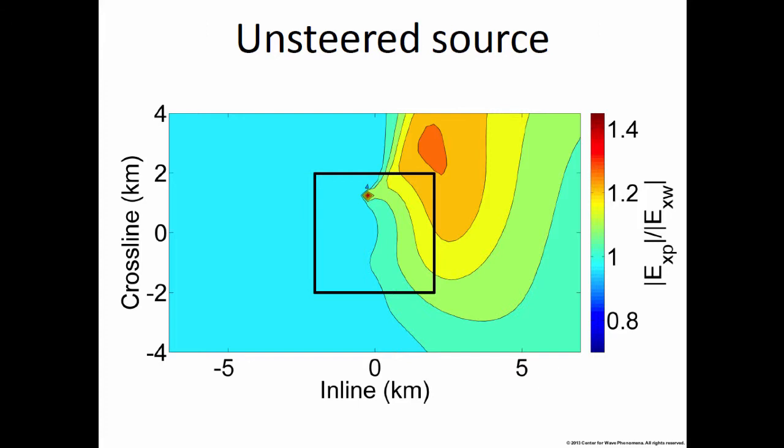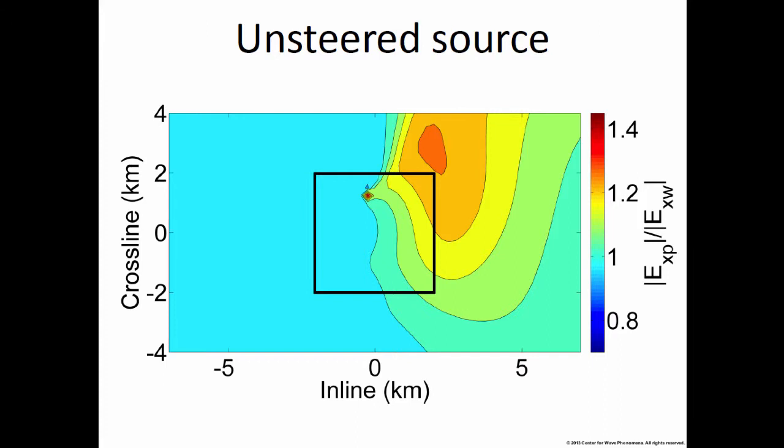And the value here is the ratio between the absolute value of the inline electric component of the field with the reservoir over the absolute value of the inline component of the field without the reservoir. And throughout the presentation, you'll hear me refer to the field with the reservoir as the pay field, and the field without the reservoir as the wet field.